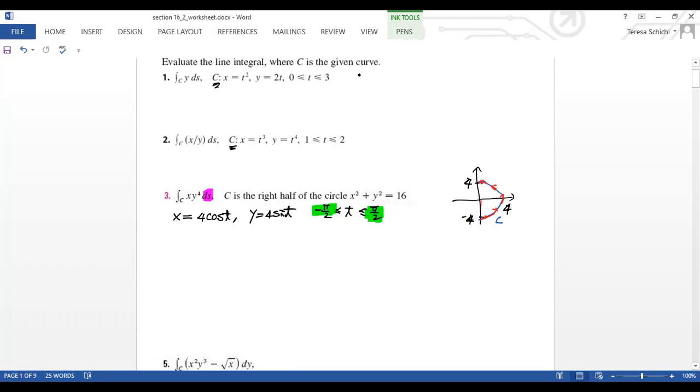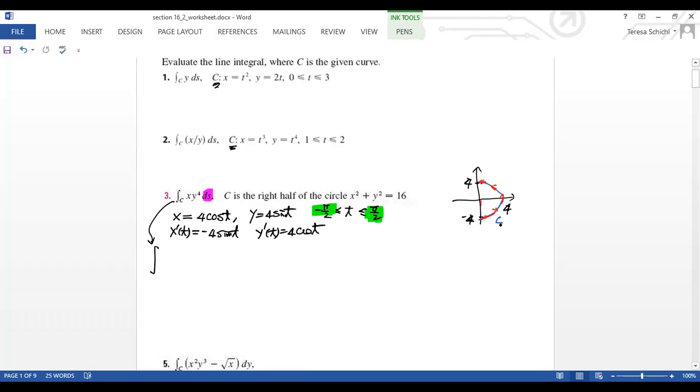Now I have x prime of t, which is negative 4 sine t, and y prime of t, which is 4 cosine t. Now I can substitute this line integral into t.